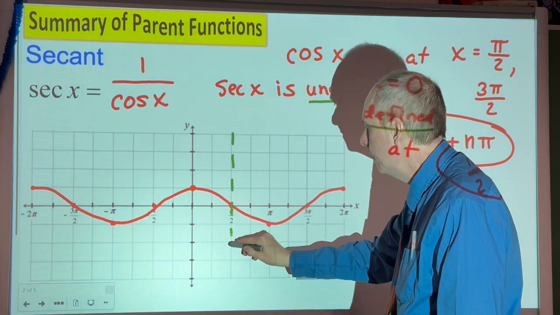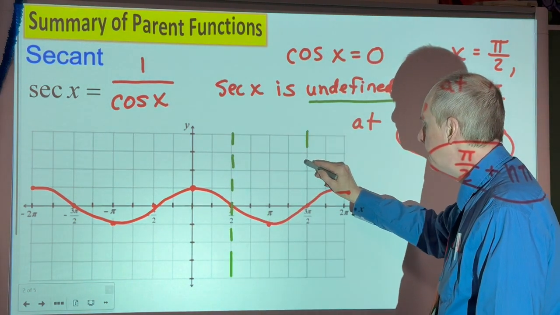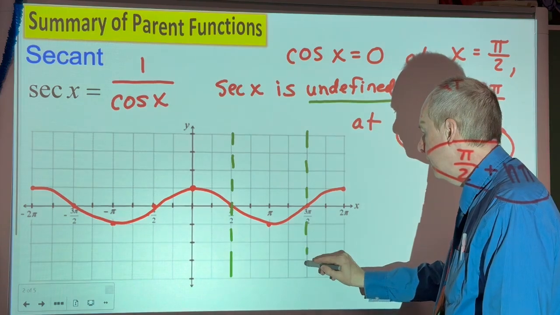Everywhere that cosine is 0, secant is undefined.